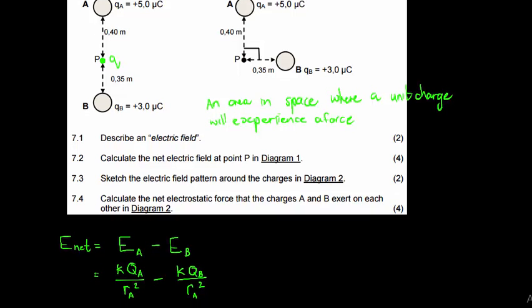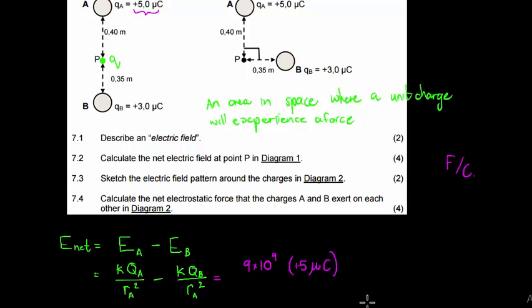According to the information they gave us, K is 9 times 10 to the power of 9, and the charge here is a positive 5 microcoulombs. We can use microcoulombs as long as we keep micro in our final answer, given as force per coulomb.